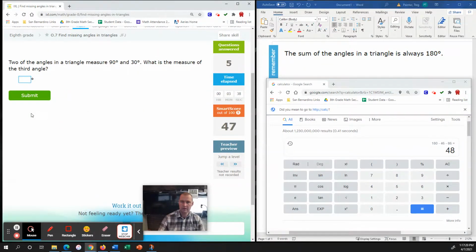All right, next up, two angles of a triangle measure 90 degrees and 30 degrees. What is the measure of the third angle? So clear out the calculator: 180 degrees total minus 90 minus 30 will take us to an angle of 60.